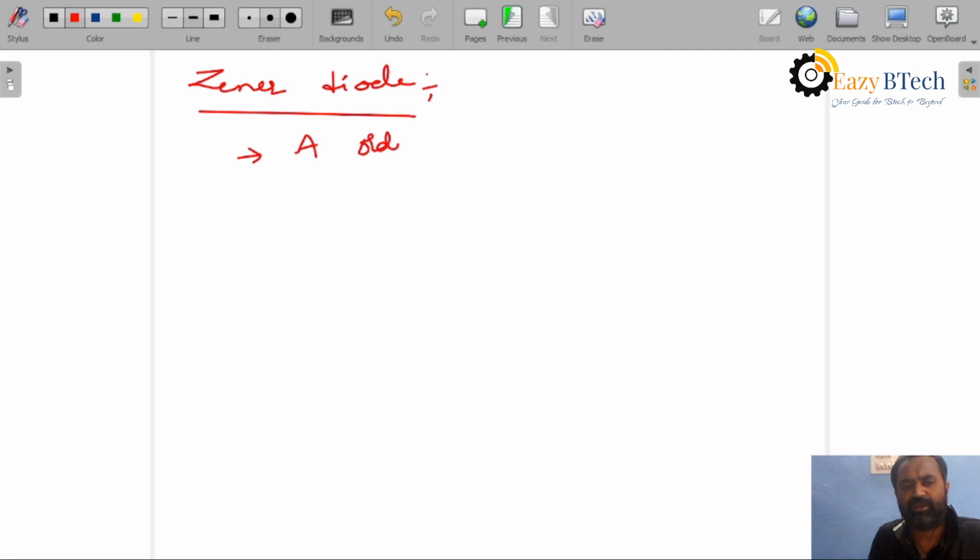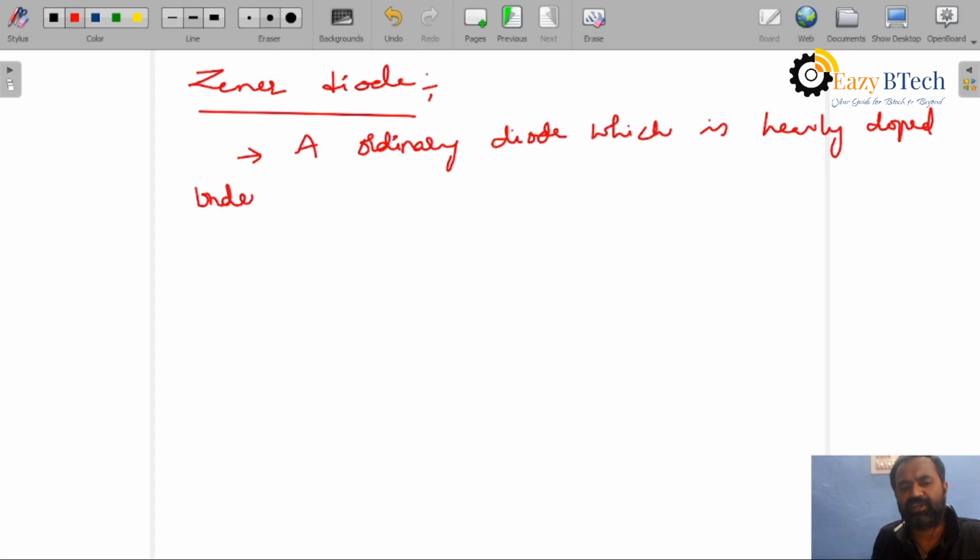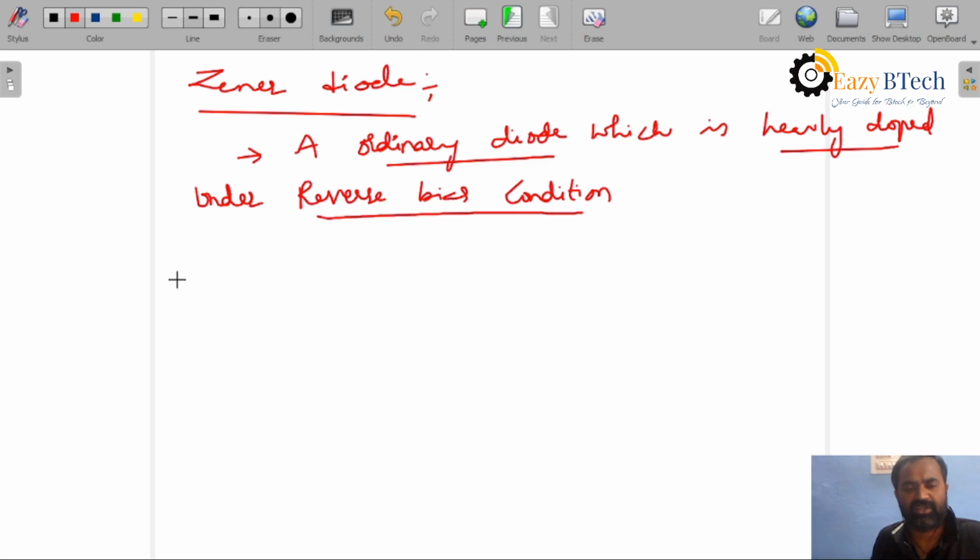A Zener diode is an ordinary diode which is heavily doped, under reverse bias condition.